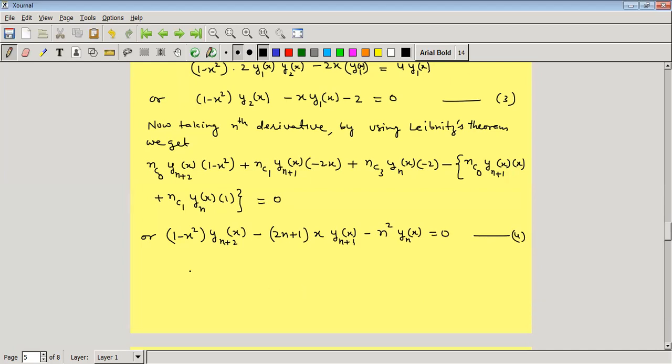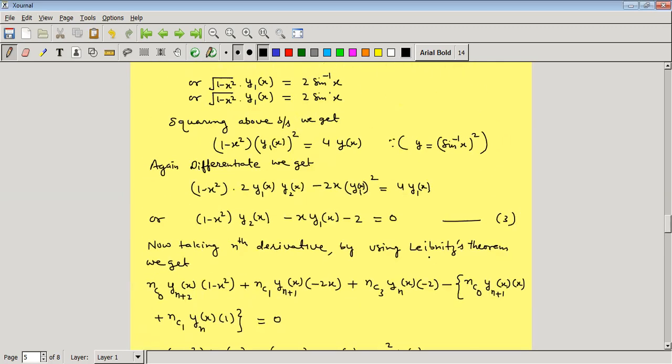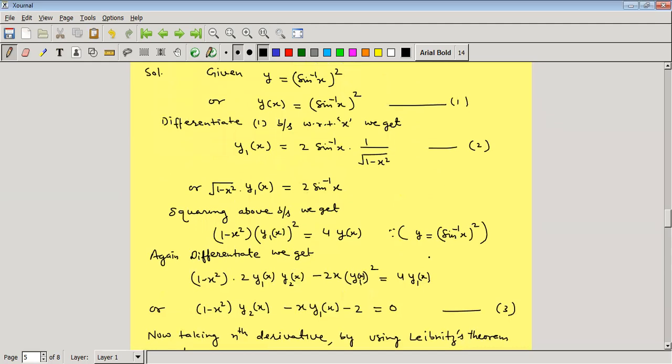Now put x equal to 0 in equations 1, 2, 3 and 4. So when we put x equal to 0 in equation number 1, y0 is equal to (sine inverse 0) whole square, and sine inverse 0 is equal to 0.